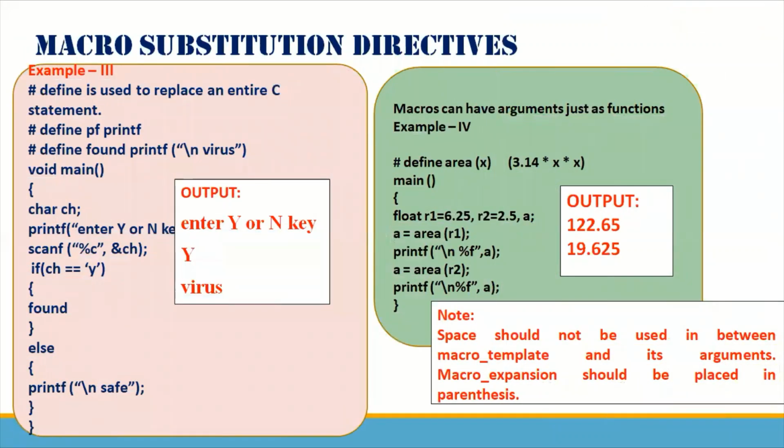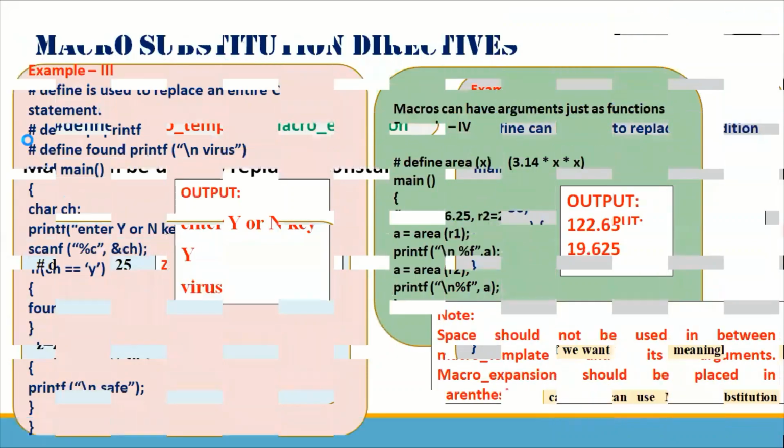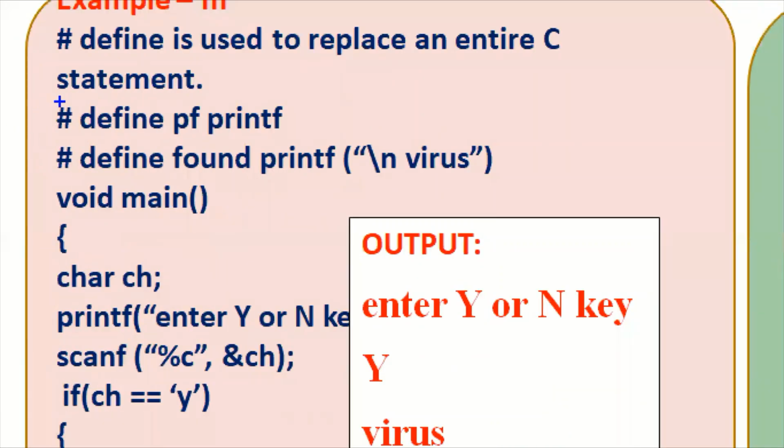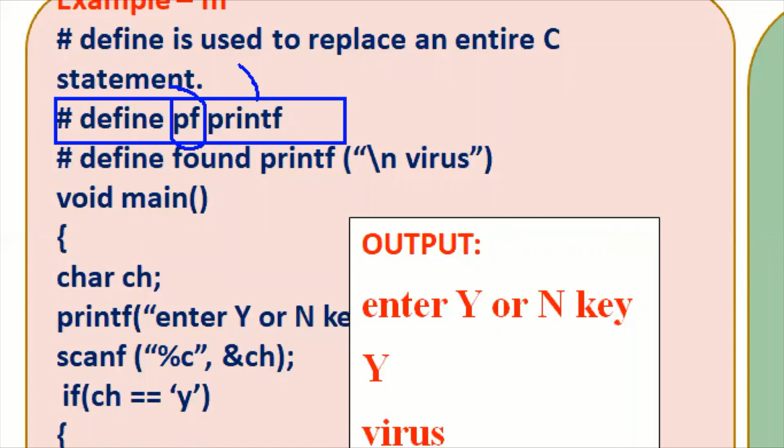And the third example related to the macro substitution directive. In this case, #define is used to replace an entire C statement also. That is, in this case, #define PF printf. PF is a symbol initialized with the printf statement.